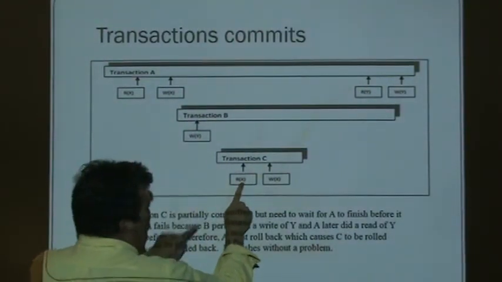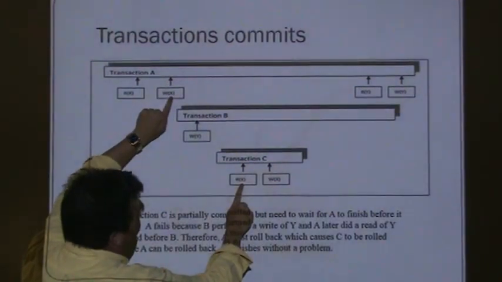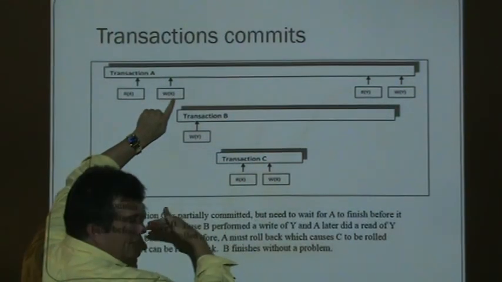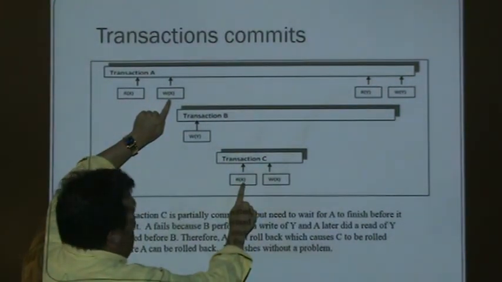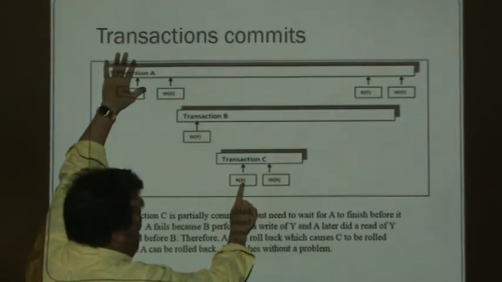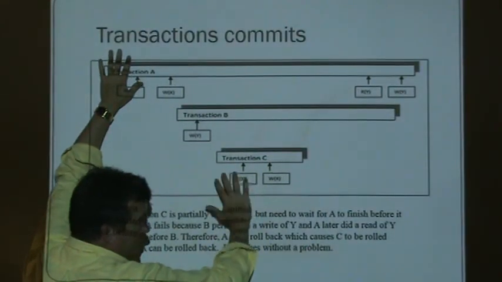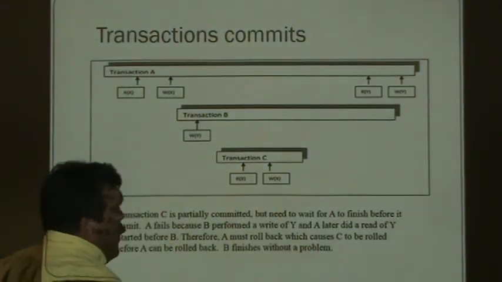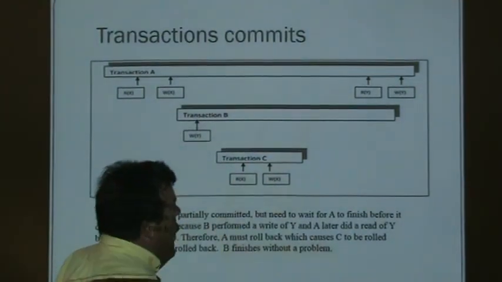C, reading the value of X, gets the value set by transaction A at this point. So if transaction A can go on and finish, that's fine. Then our database will reflect the content as if transaction A ran first, transaction C ran second. As long as A completes, C can then complete. So C writes its value back.